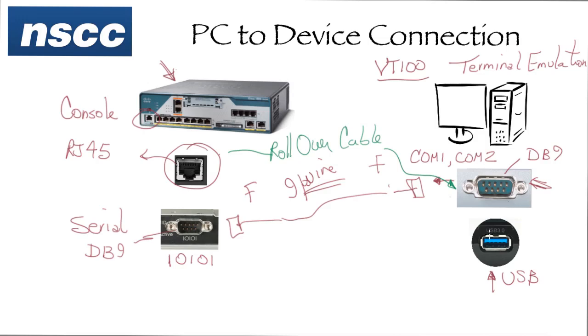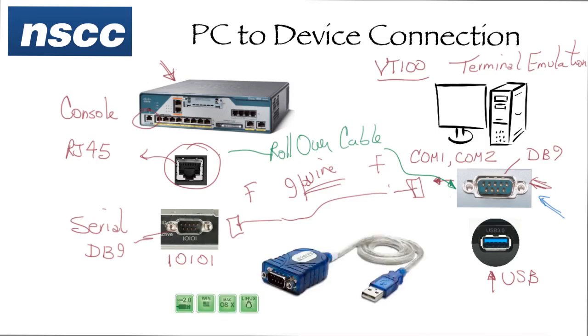Now there's a bit of an issue if you have a newer computer that no longer has serial ports, and that's very common today. And so what you need to do in this situation is purchase some type of adapter that will create for you a serial port by plugging into your USB port on your PC.